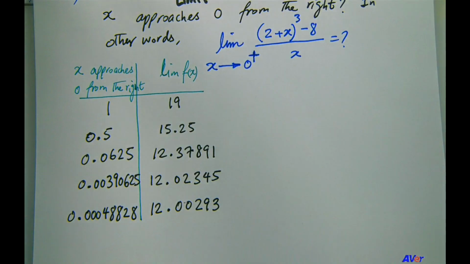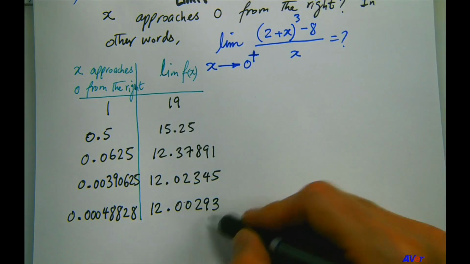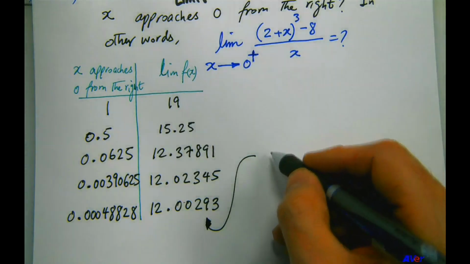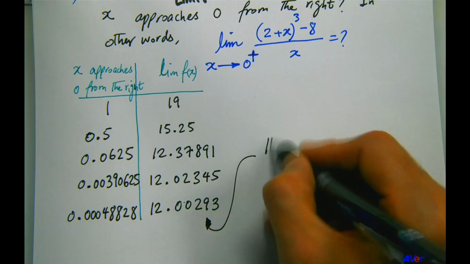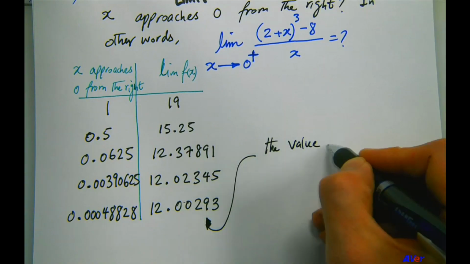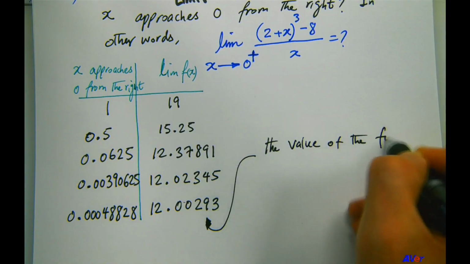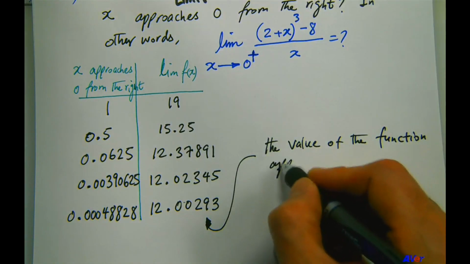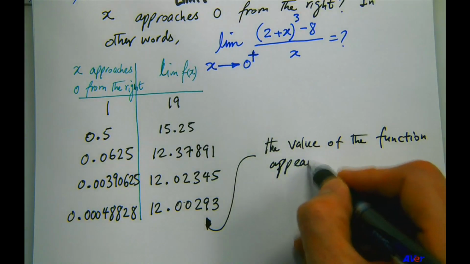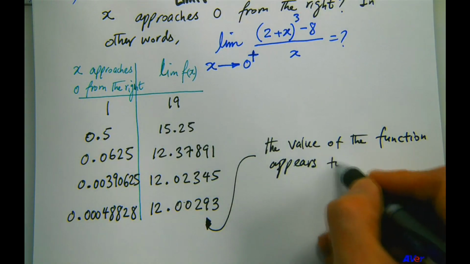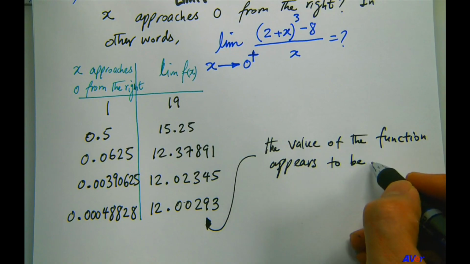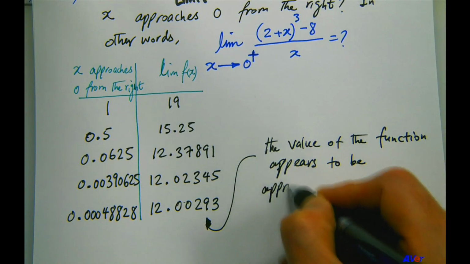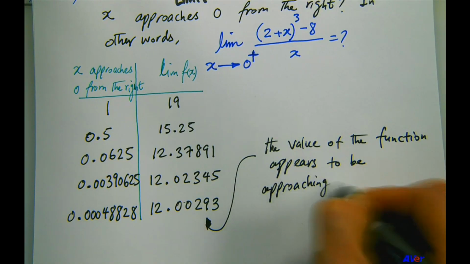It's approaching 12 again, right? So let's state that the value of the function appears to be approaching 12.